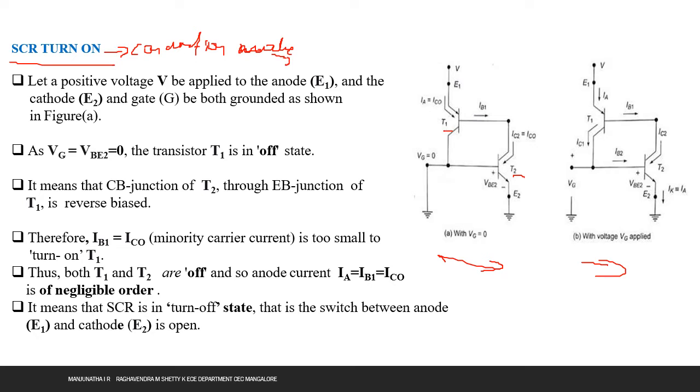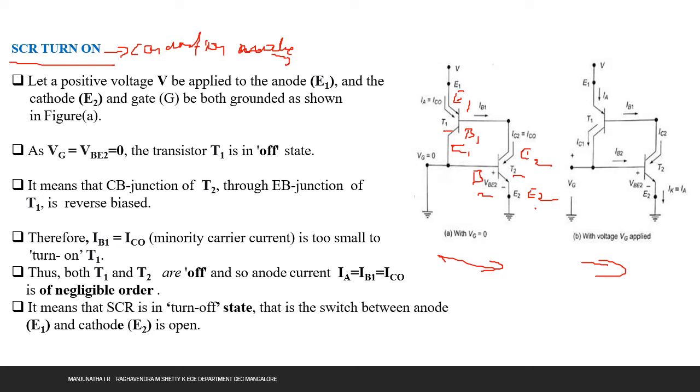Transistor 1 has emitter 1, base 1 and collector 1. And transistor 2 has again the same polarities, collector, base and emitter.